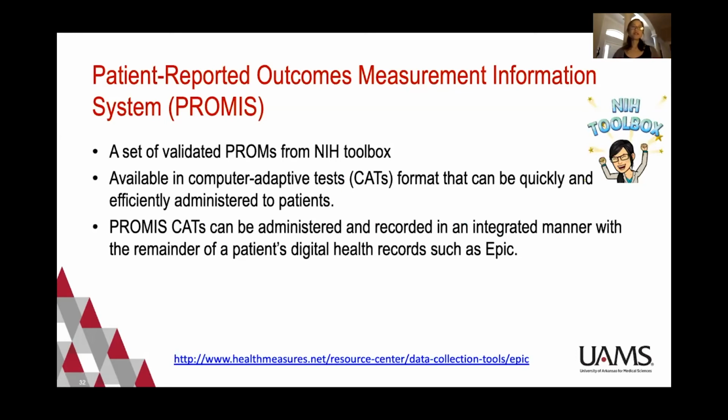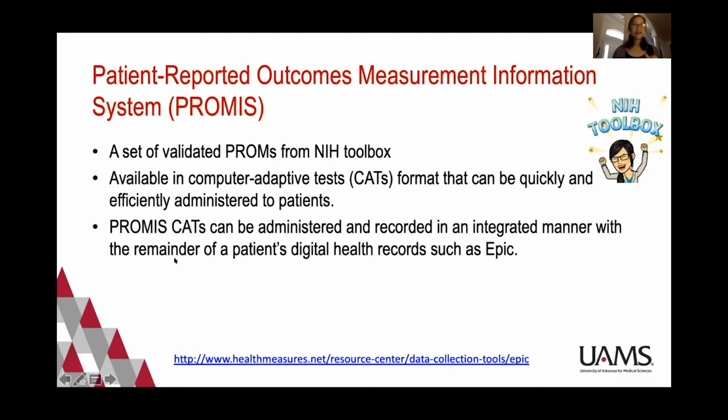The PROMIS is the Patient-Reported Outcomes Measurement Information System, which has many measures that are already validated and developed by NIH. So NIH has a big toolbox of these PROMs that can be used in research and also for clinical practice.